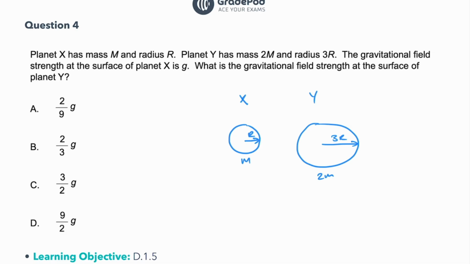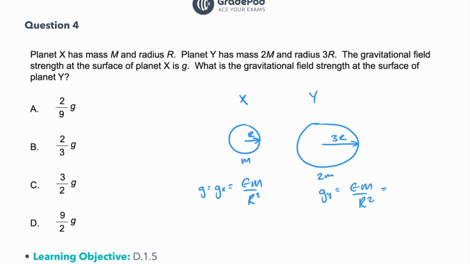The gravitational field strength at the surface of planet X is g. So g equals g_X equals GM over r squared. What is the gravitational field strength at the surface of planet Y in terms of g? Okay, so g_Y is equal to GM over r squared.